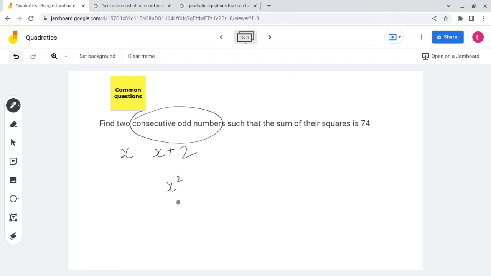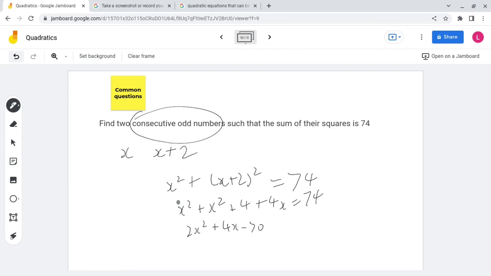Thus, x squared plus x plus 2 squared equals 74, so x squared plus x squared plus 4 plus 4x equals 74. So 2x squared plus 4x minus 70 equals 0.